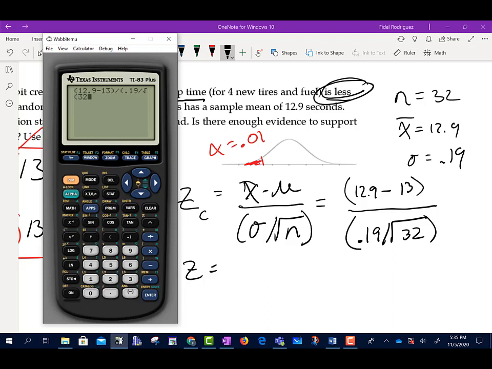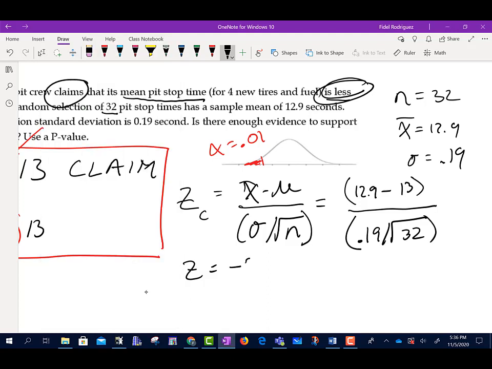My calculator opens up parentheses for me when I do my square root, so I have to close those parentheses, and then close the ones I opened in front of my 0.19. Now I'm going to hit enter. And the z-value I'm coming up with is negative 2.98.